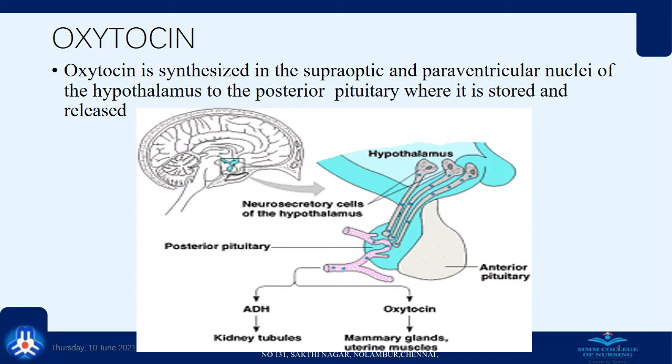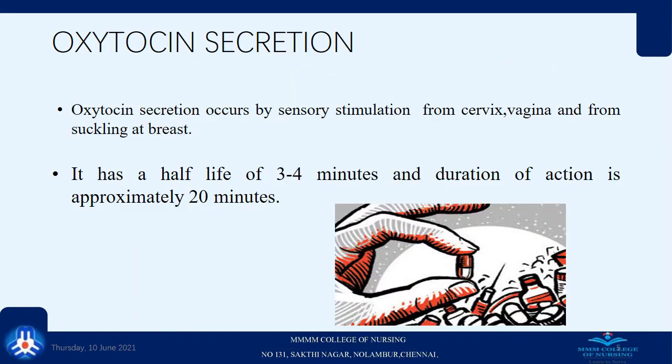You can see the picture. It is released during the time of childbirth, lactation and puerperium. In the puerperium, it helps in the contraction of the uterus. And also in case of stress, as we have seen, it is an anti-stress hormone; it is stimulated during the time of stress also. So this is about the secretion of oxytocin.